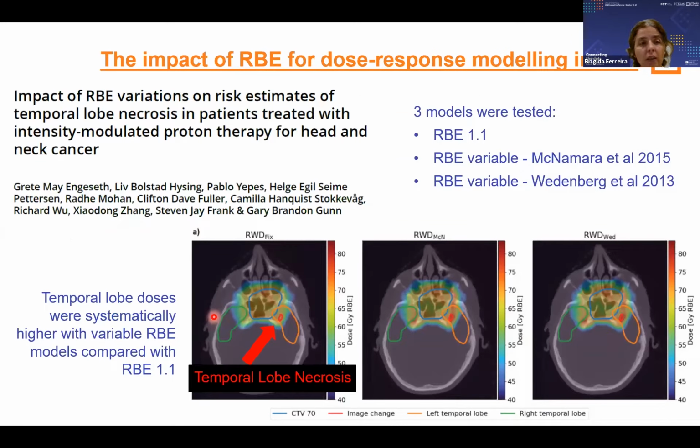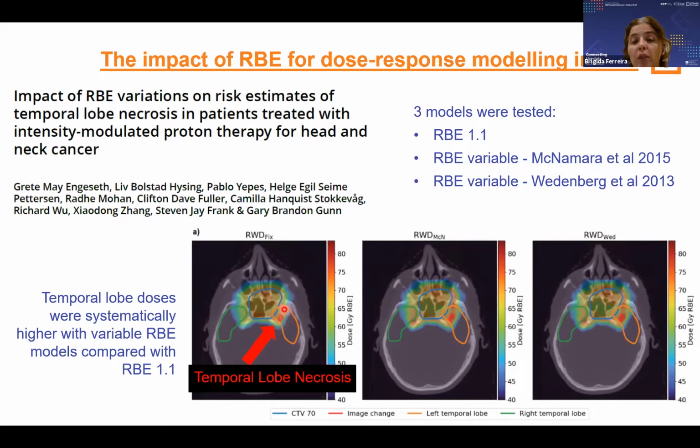In this study by MDACC and colleagues, they wanted to quantify the impact of considering the conventional 1.1 RBE value against two models that considered a variable RBE value. They collected follow-up images and tried to identify regions where they saw image changes.